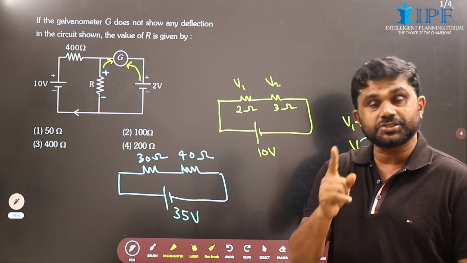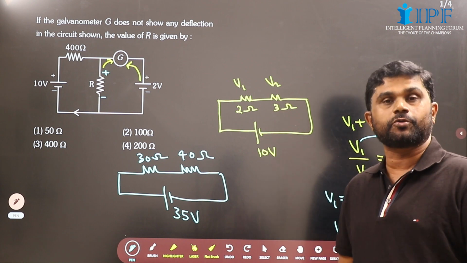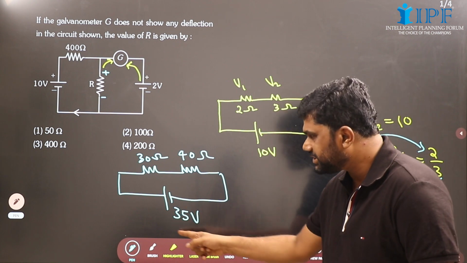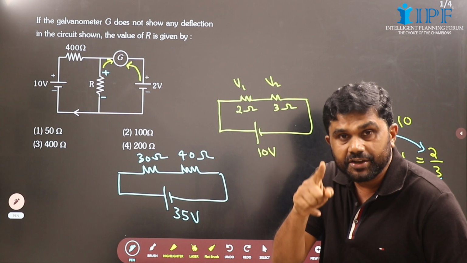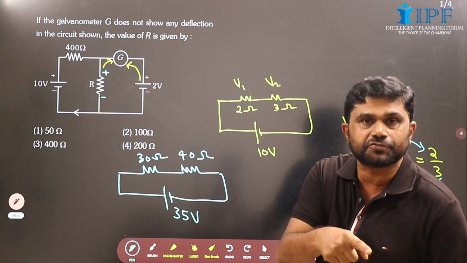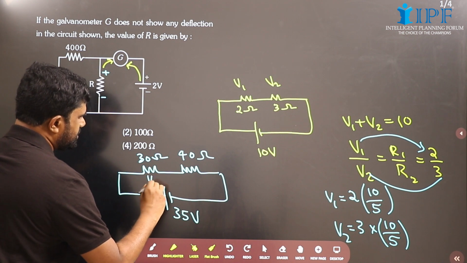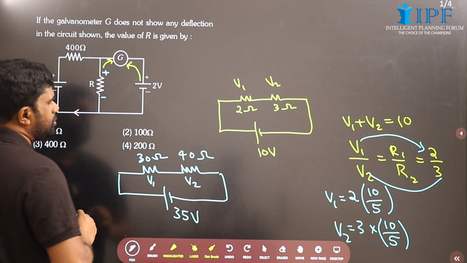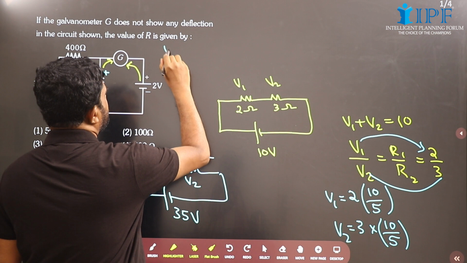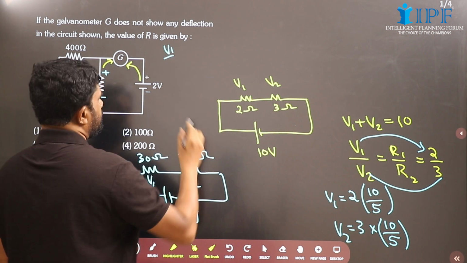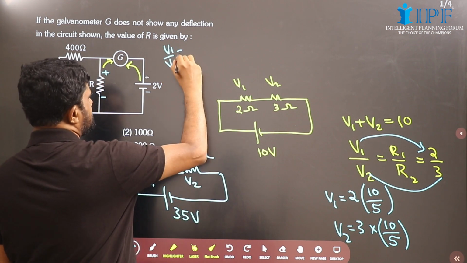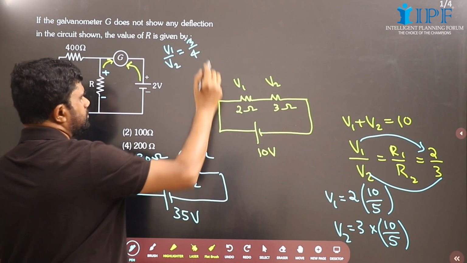So voltages also must be in the ratio 3:4. So total voltage is 35. It is to be divided in the ratio 3:4. Here it is V1, here it is V2. So let me write V1 divided by V2 equal to 3/4.